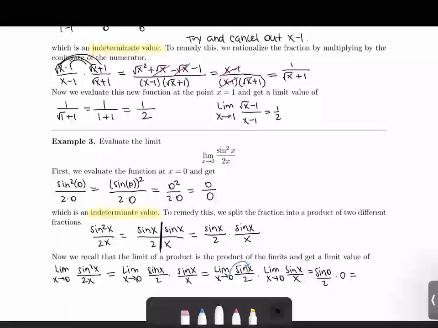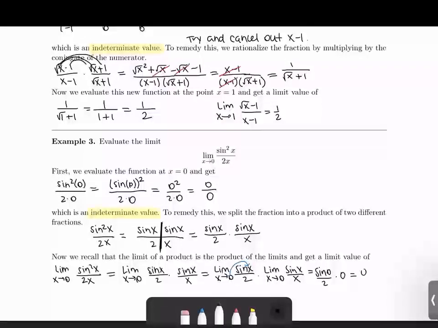So sine of 0 over 2 is 0 over 2, which is 0, times 1. Contrary to what we've seen before, 0 over 0 is indeterminate, but 0 times 1 is just going to be 0.